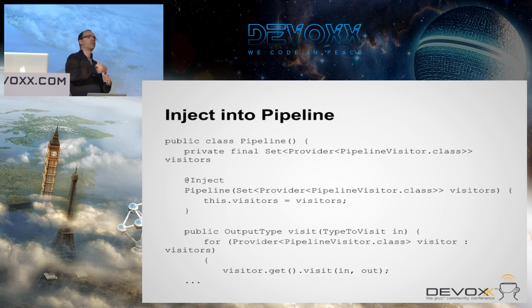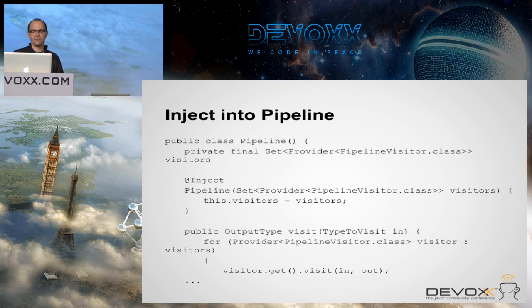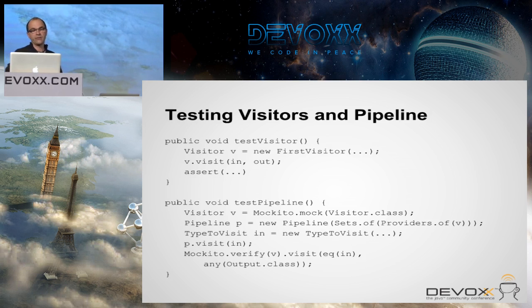You can just concentrate on what this particular visitor is depending on, but also you can test in isolation the pipeline by also giving a bunch of mocking objects as the visitors. So by separating this context and the dependencies, you can really simplify the code and the testing.